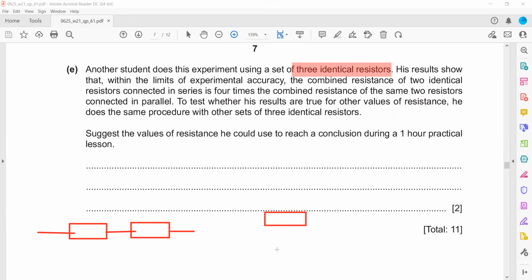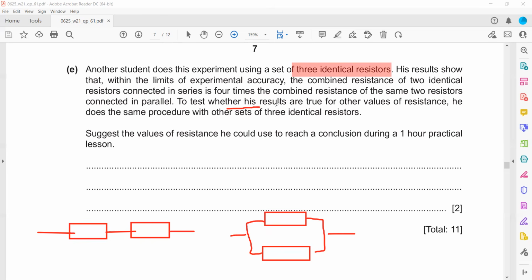So when he connects the 2 resistors in parallel, the resistance is 4 times the combined resistance when they are in series. That is what his experiment shows.